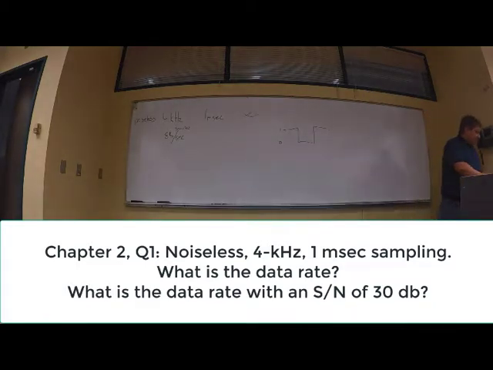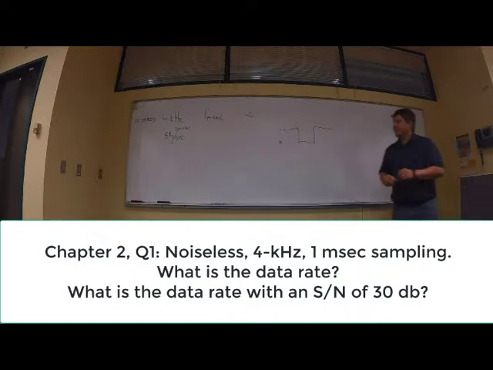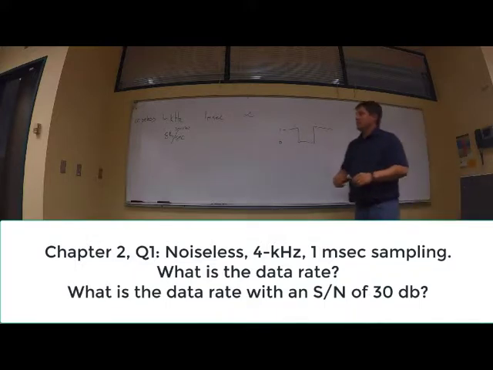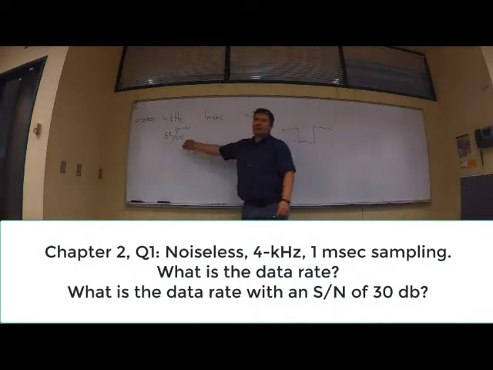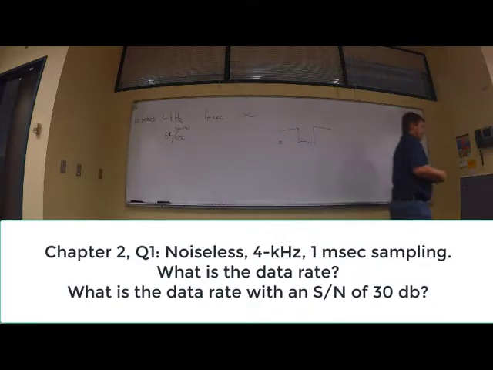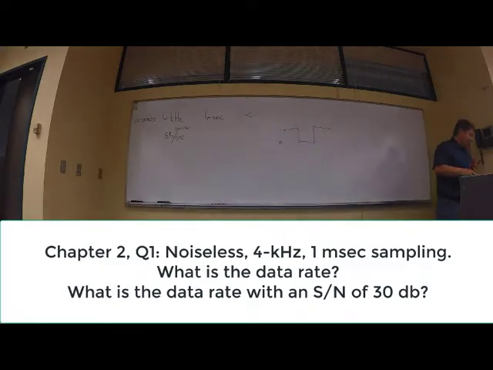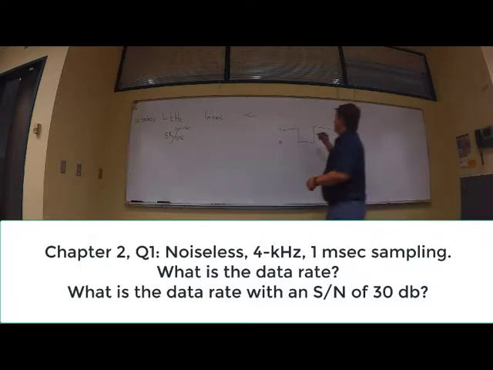So now, if we change the signal to noise ratio to 30 decibels. Wait a second, I'm not following. What's the formula we're using? So this is log 2? Yeah. And how did we get 8? Nyquist, right?